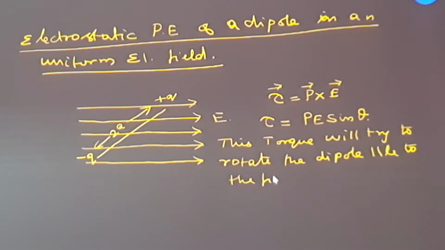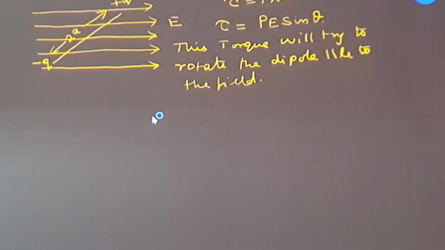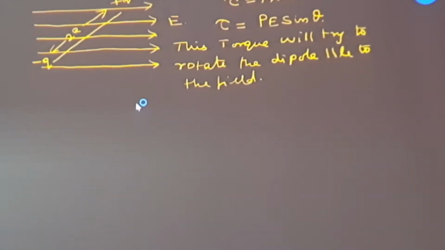Okay, this is a small introduction. We have already studied in our previous classes what will happen when a dipole is placed inside a uniform electrical field. Now, for getting the potential energy, let us write a small description for this diagram.